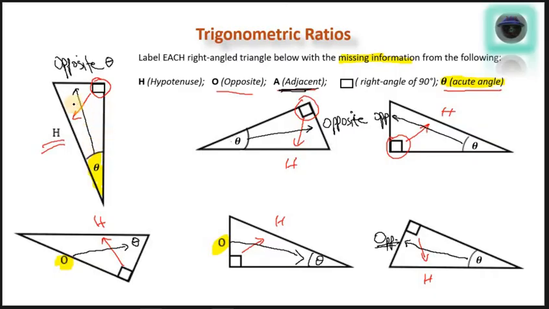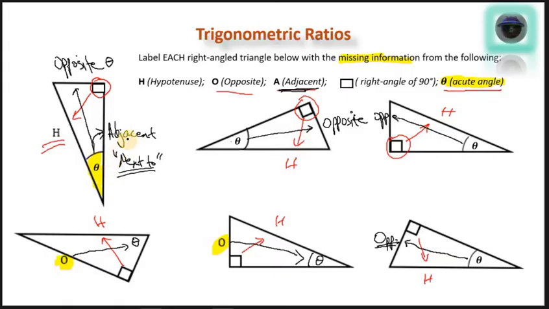Just as this side here is opposite the acute angle, then this side here is next to it. And the word next to can also be translated as adjacent. So this is our adjacent side, because adjacent means next to.